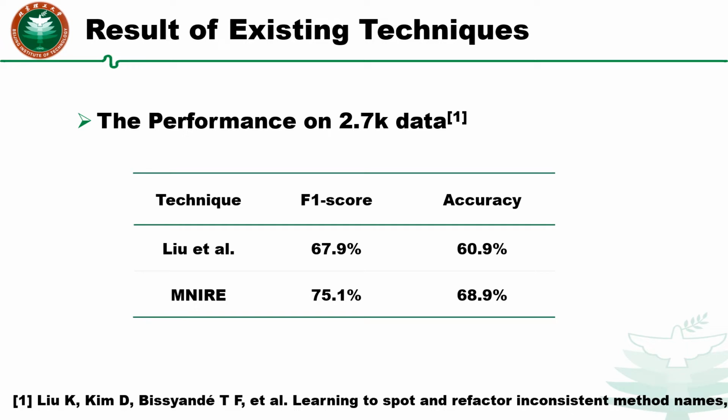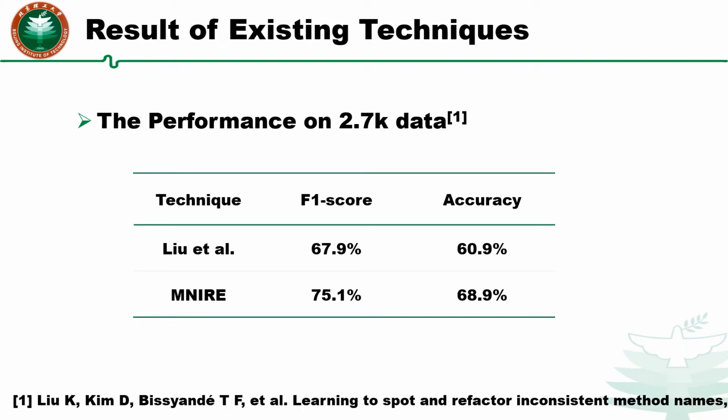This is the result of the existing technique. Evaluated on the same test dataset, which contains 2,700 methods, the performance of these two technologies is shown below. As we can see, the performance is good.